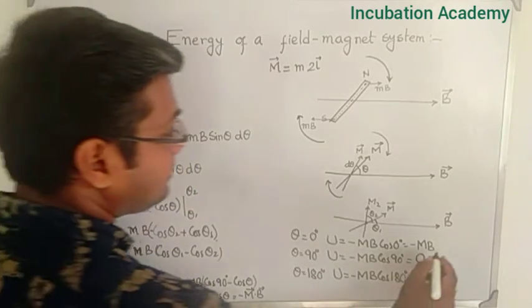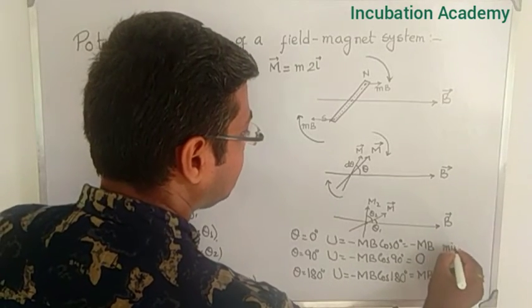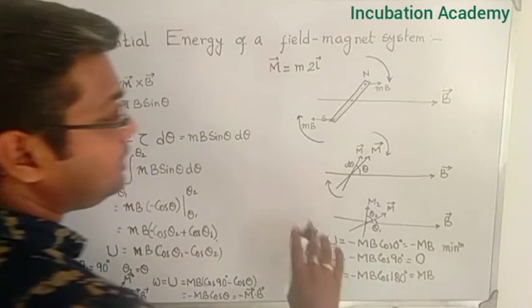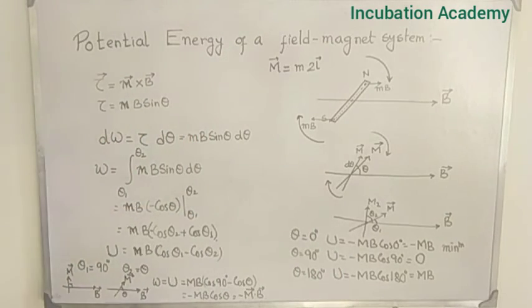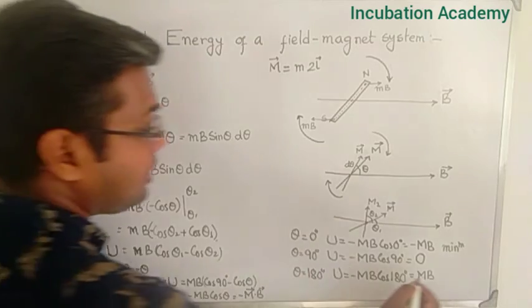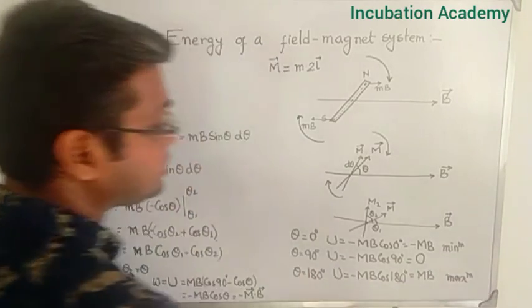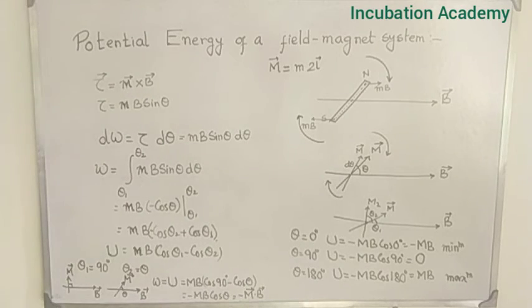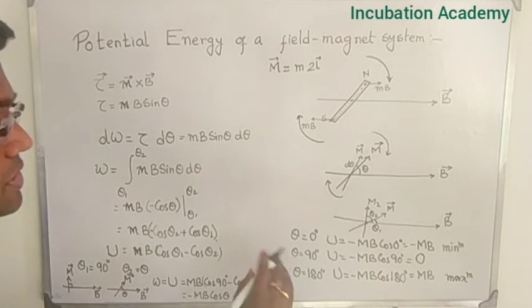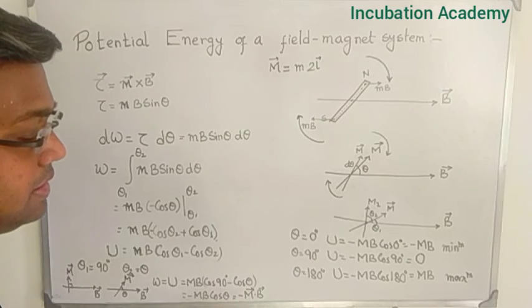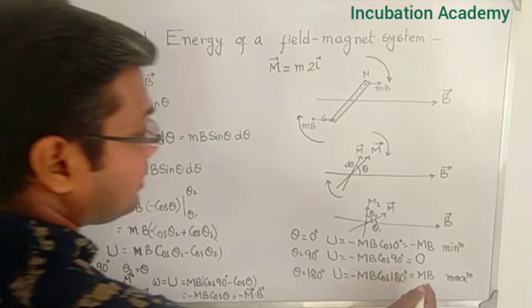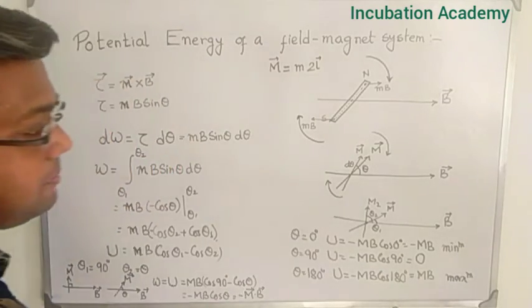So we can say here the potential energy is minimum when it is aligned in the direction of the magnetic field, and here the potential energy is maximum when it is aligned in the direction opposite to that of the magnetic field, so that it has the tendency to align itself in the direction of the magnetic field.